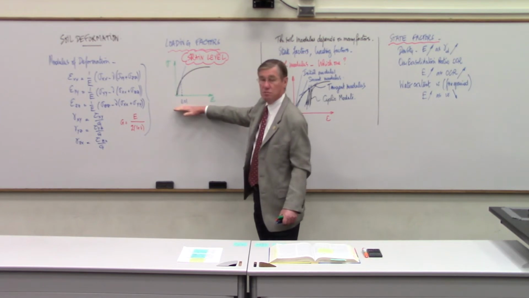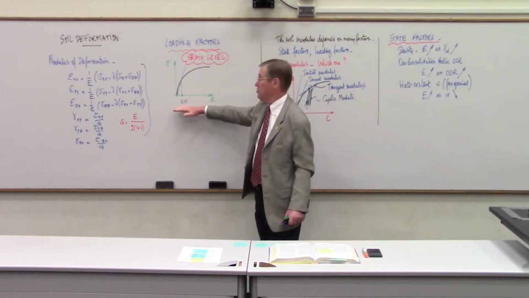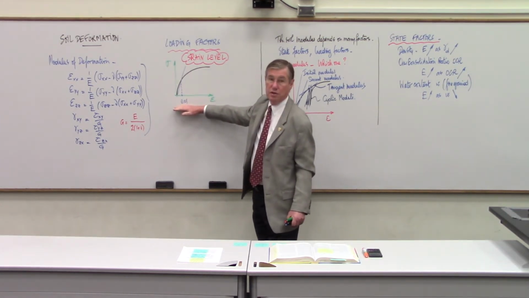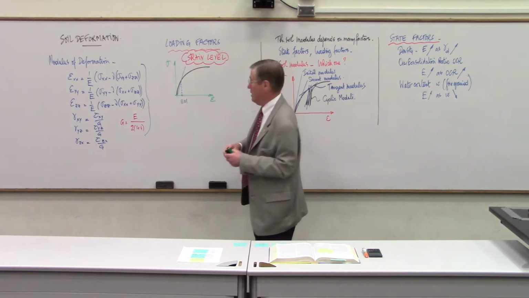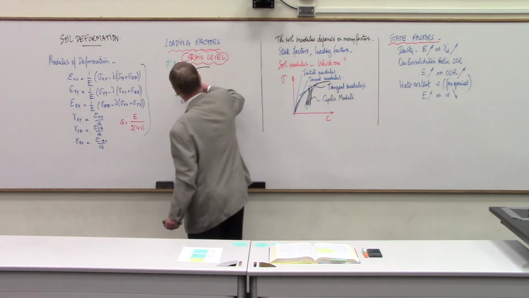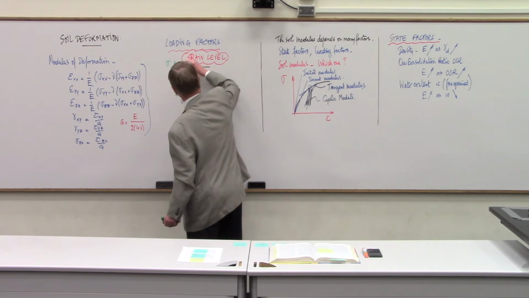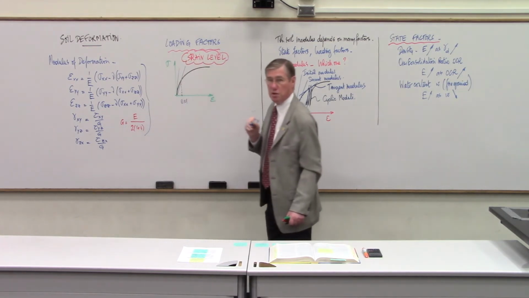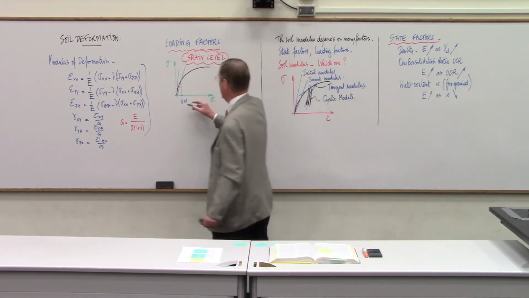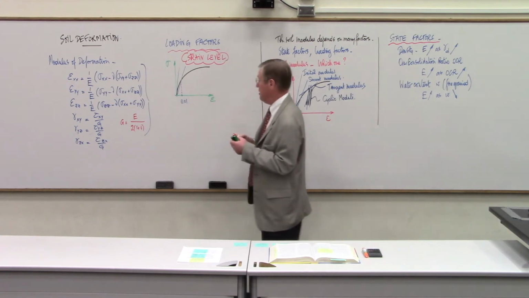So in pavements, we have a lot of cyclic loading, and we could not afford to start at 0.01 because we'd end up with a mess in no time flat. So in pavements, we're going to be operating at much smaller strains, typically 1/10 of this, if that much.